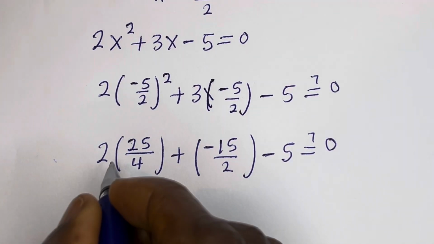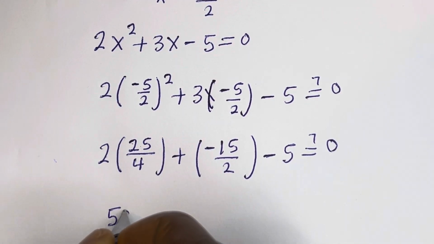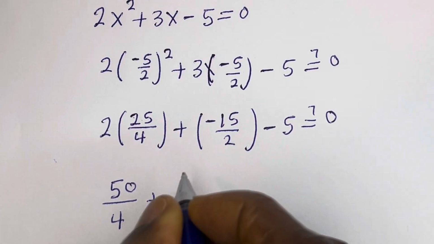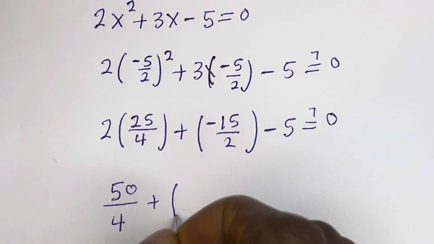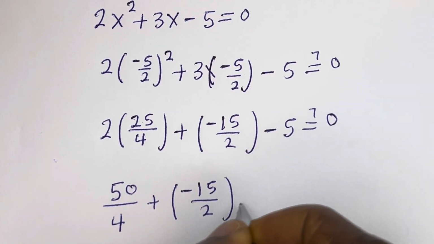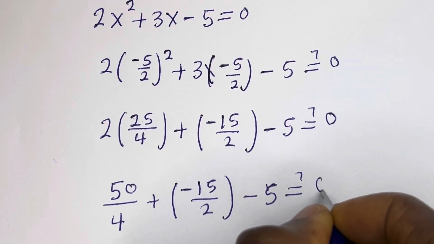Then this is 2 multiplied by 25, that is 50, divided by 4, plus this bracket minus 15 divided by 2, minus 5 must be equal to 0.